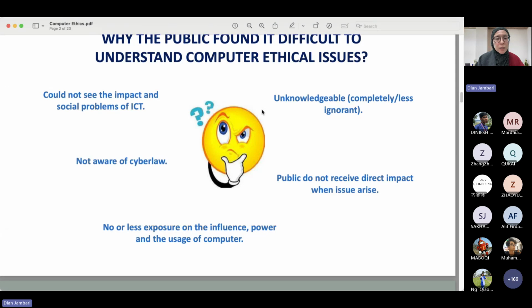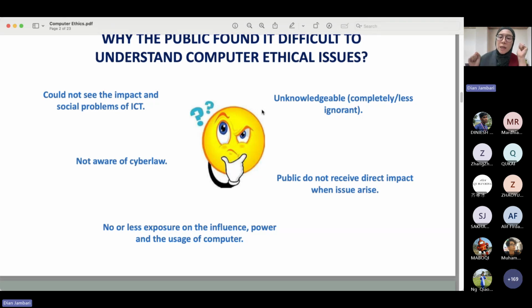It can also be problematic for individuals in the public who have very little or no knowledge related to computer ethics, maybe because generally they are not exposed to or influenced by the power and the usage of computers. Now, this may seem unrealistic to us.